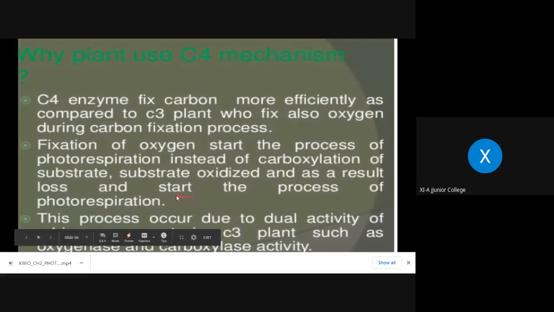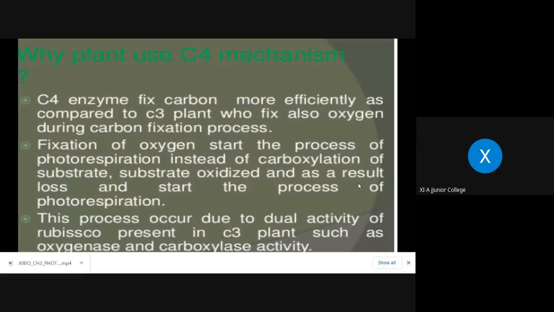That's why the process goes slow, and photorespiration takes place instead of carboxylation. Because of this dual nature of Rubisco, what is Rubisco? The carboxylase enzyme working on RUBP, that enzyme's name is Rubisco. Yesterday I told you, both oxygenase and carboxylase activities are common to it.